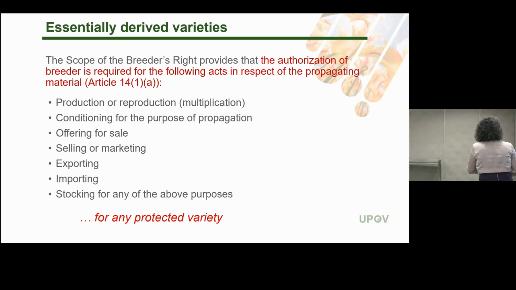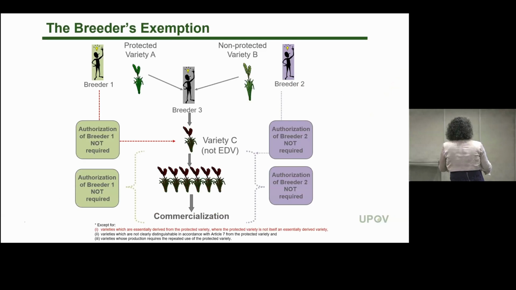What that means in practice is that there is the requirement of the authorization of the breeder for certain acts in relation to the propagating material of the variety. So that means if I want to produce a protected variety of wheat and I want to have access to that protected seed, I need the authorization of the breeder. And that will apply in relation to the protected variety.